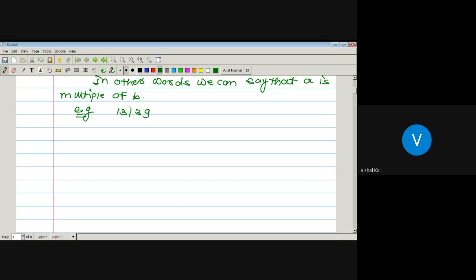Yes. Is the integer 39 divisible by 13? Yes. So by the definition of divisibility, what is the value of q here? 3. Here 39 is 3 times a multiple of 13, which implies q is 3.